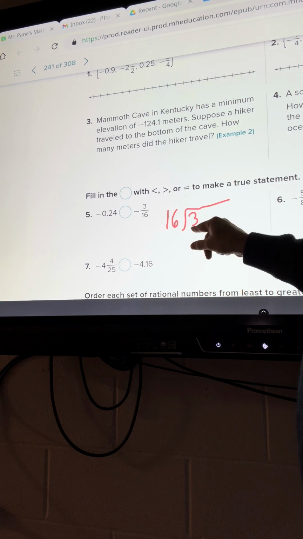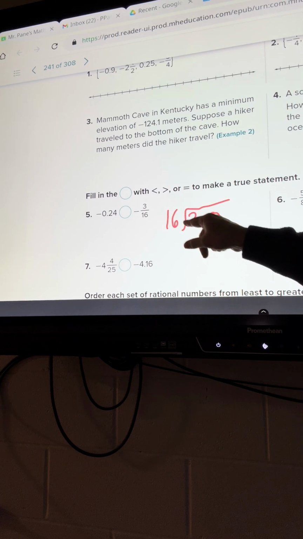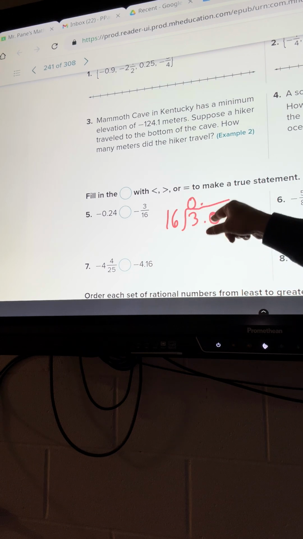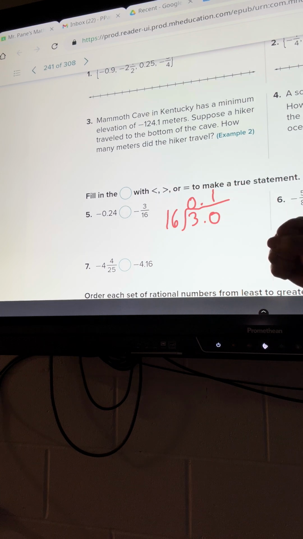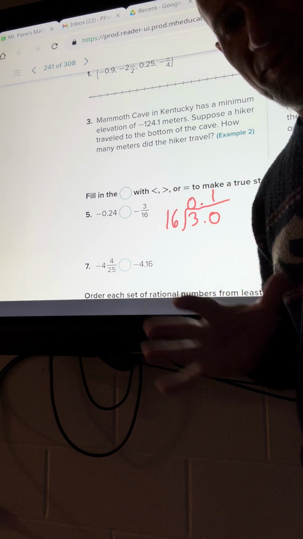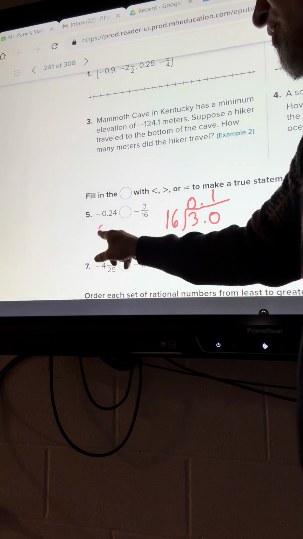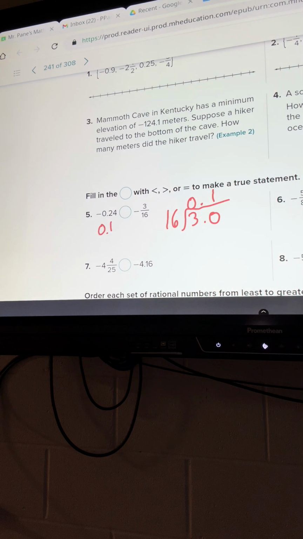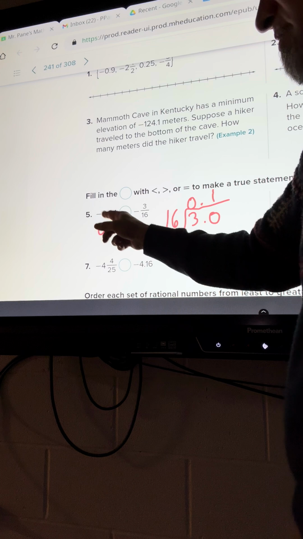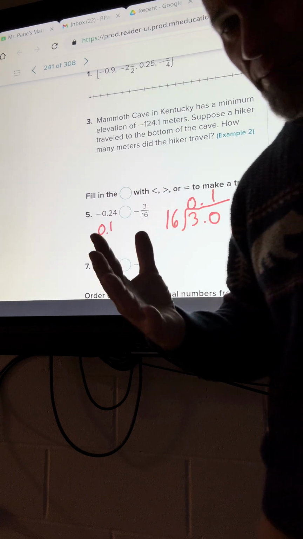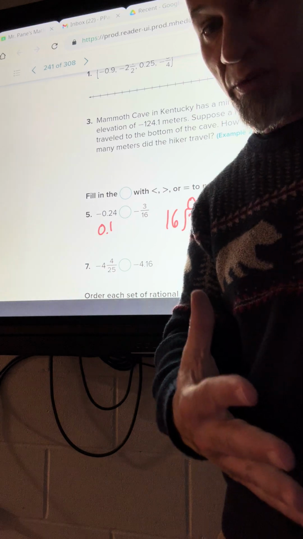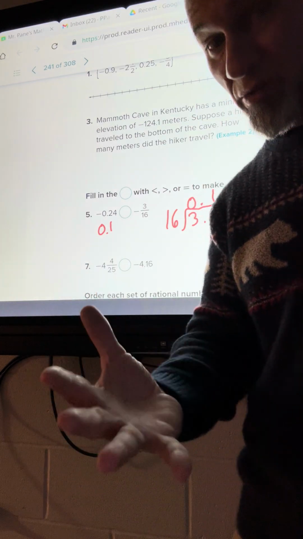And remember, we talked about this. How many 16s fit into 3? They can't fit into 3, but how many fit into 30? We put the decimal point and a 0. Well, one of them does. Okay, so at this moment, you can stop because you know that if you compare 0.1 to 0.24, 0.24 has a greater number in the tenths column, meaning negative 0.24 is going to be a smaller value and have a greater absolute value.